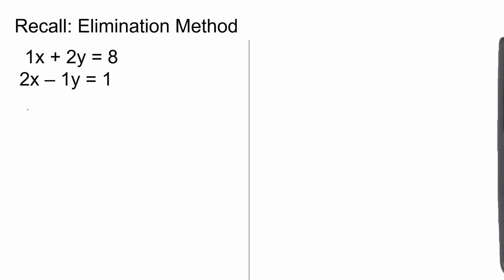Why don't I just write that first equation over again? And then I'm going to replace the second line with 2 times the first line minus the second line.